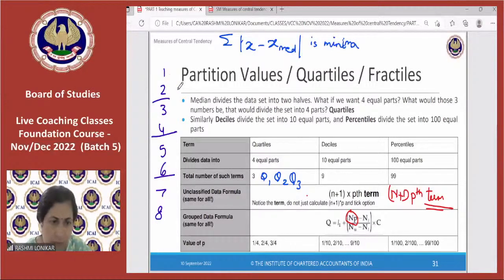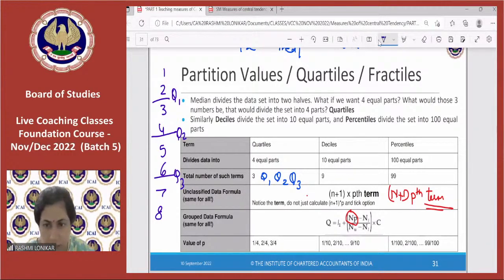So what this means is this is Q1, this is Q2, this is Q3, and this is Q4. This is the value for Q1, this is the value for Q2. What will a quartile do? It will take the data and divide it into 4 equal parts.